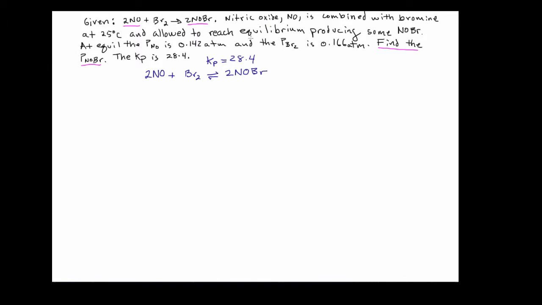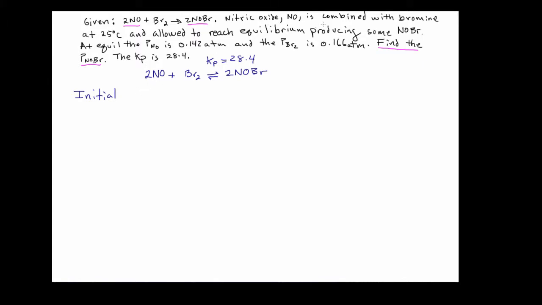But what I want to do here is try to lay the foundation for how this problem was written, what has actually occurred. So we're going to produce the ICE table for this. So what I want to do is establish what occurred initially before any reaction.